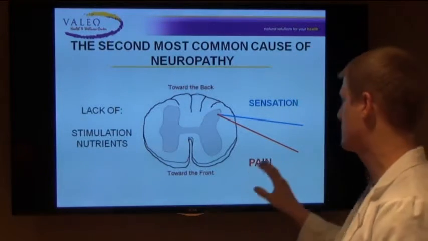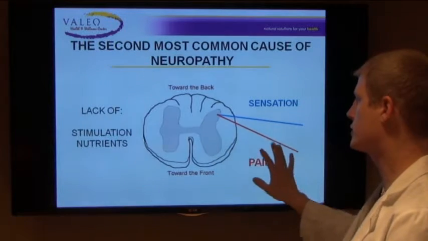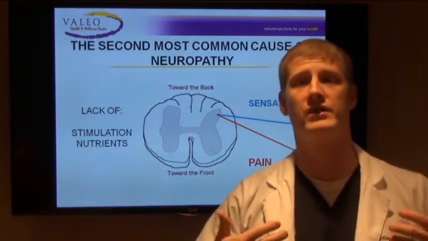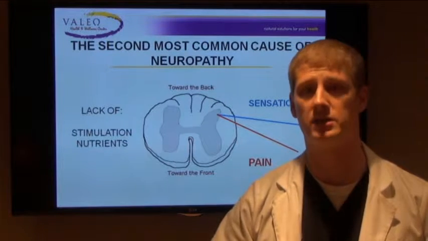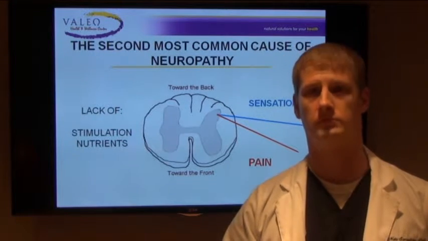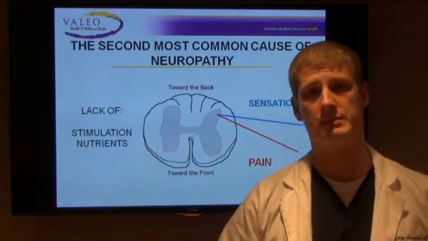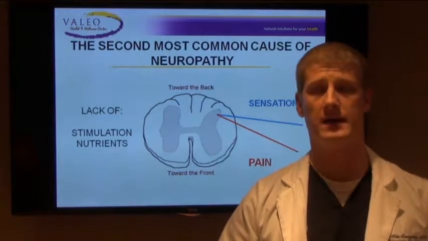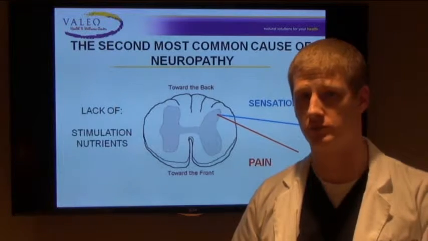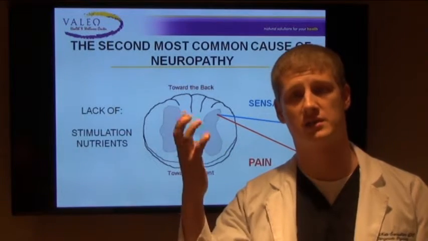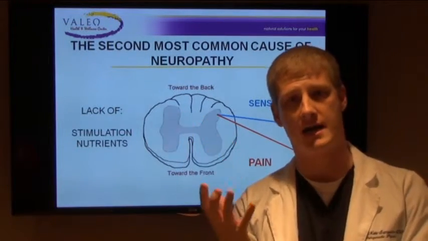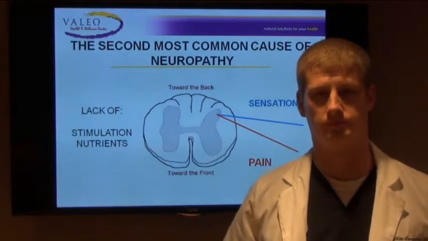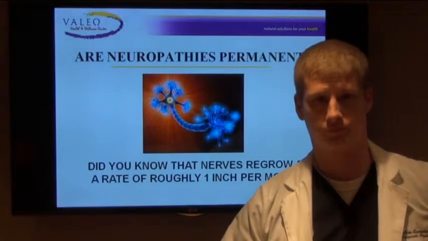But if you lose this blue line, you're going to get all of those pain signals. And this is the reason why people will develop chronic pain conditions. This is also one of the reasons why people develop fibromyalgia. Part of it has to do with a lack of stimulation, because they have numbness and tingling in their hands, and so now that nerve dies, or a lack of nutrients.